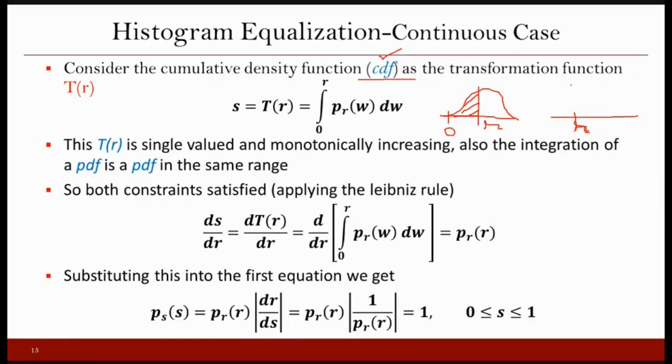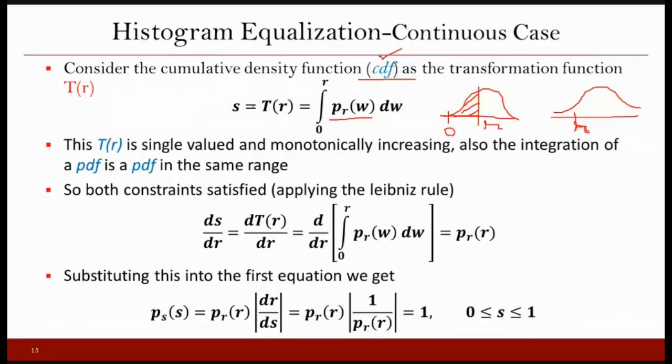Okay. So in the CDF, as you see in this equation, if you are computing a value for PR, this is integration from 0 to R of that probability distribution function.